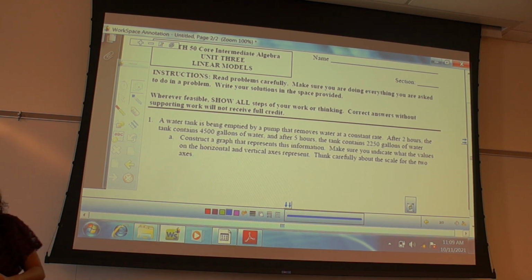It was the hours and gallons of water. Yep, the hours and the amount of water. Can you see that? Yes. And so what are the 2 things that vary in this problem? The amount of water and the hours. Yep, and the time.